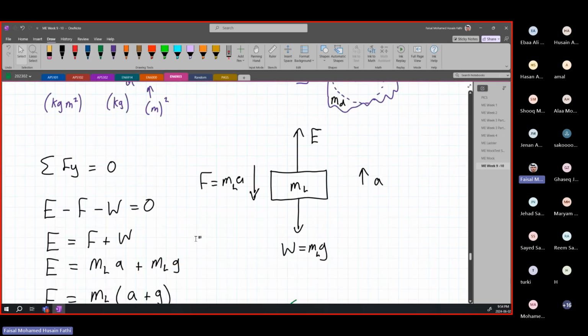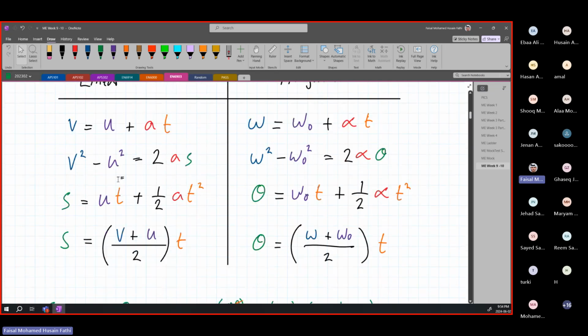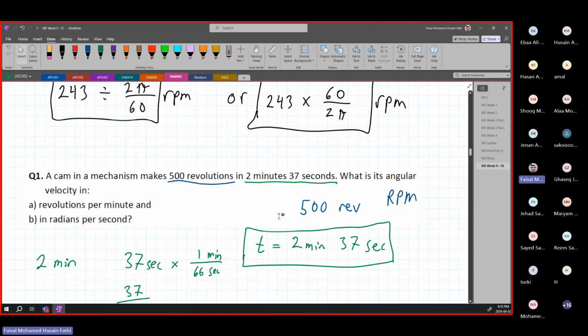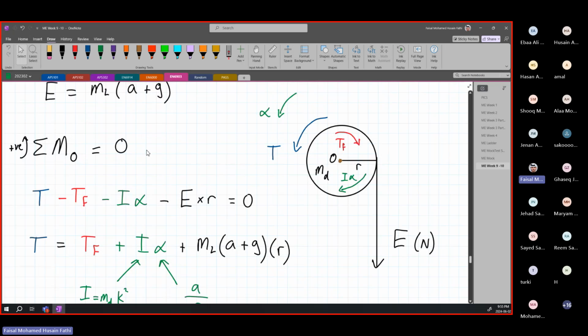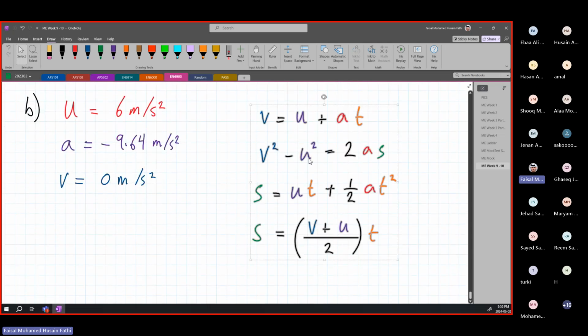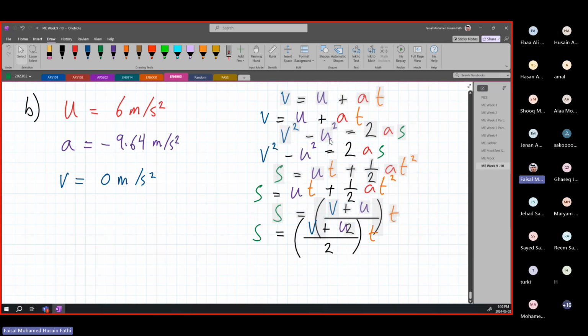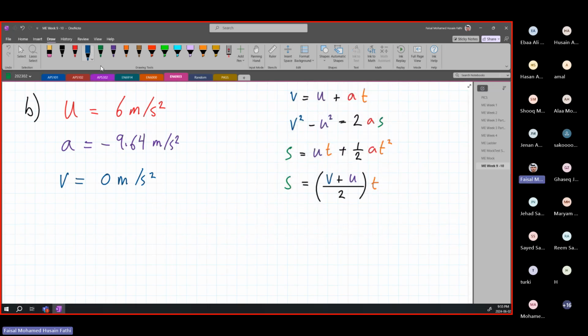Let's go all the way back to the very beginning of this lesson where we had these equations. All right. So we're going to have to select an equation from here that has these three values, which is acceleration, initial velocity, and final velocity. Okay. What do we have?